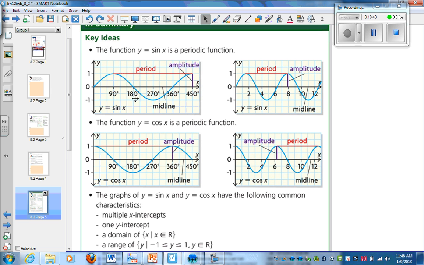It's a periodic function. We can see a couple of things. This is in degrees. So you can see that the period is exactly 360, starting here, going there, to where it repeats. They started from the top to the top, 360. Its amplitude is 1. We can also do the same graph, and instead of having degrees, we can have radians.